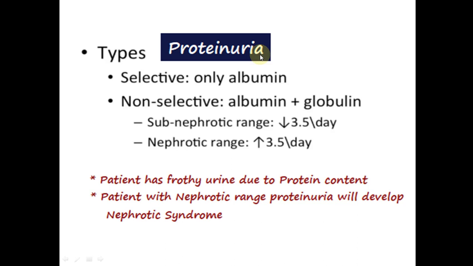In minor damage, if only albumin, which is the smaller protein, gets filtered into the filtrate and appears in the urine, this type of proteinuria is known as selective proteinuria. Only albumin is filtered.